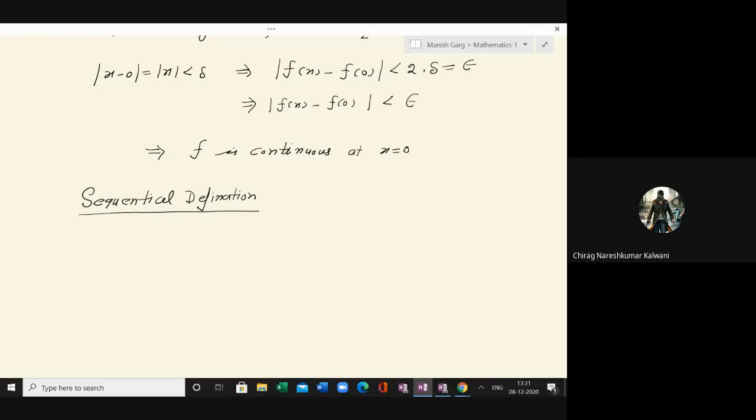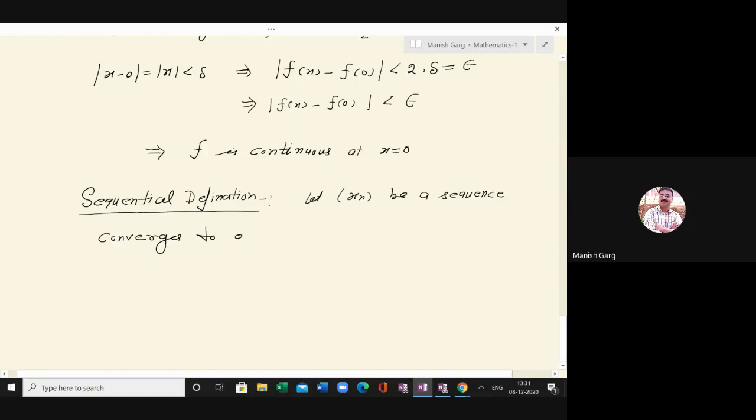Okay, so I am taking two more examples, just wait about the delta. Now, let xn be a sequence, obviously a real sequence, that converges to 0. Now I have to prove that f(xn) converges to f0.